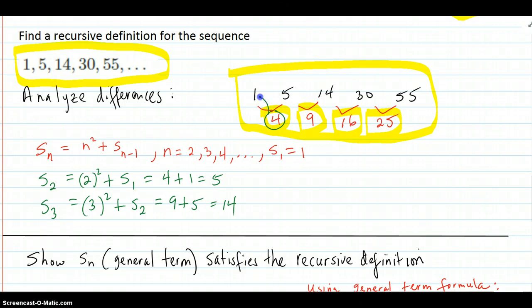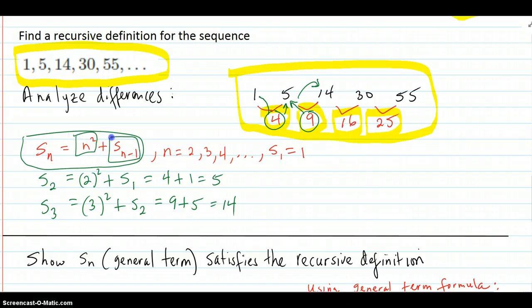onto the previous number, you get the next number, and if you add the next perfect square onto the previous number, you get the next number. So that's written here in a recursive definition. You add the n squared onto the previous term, and you get the term you're on. And that's good for n equals 2 on.